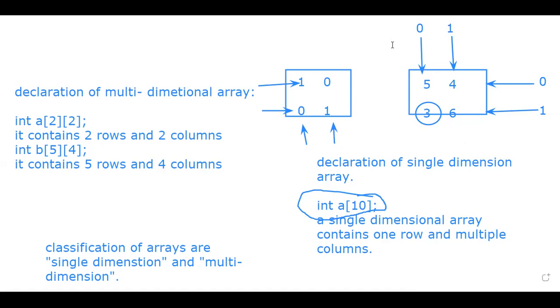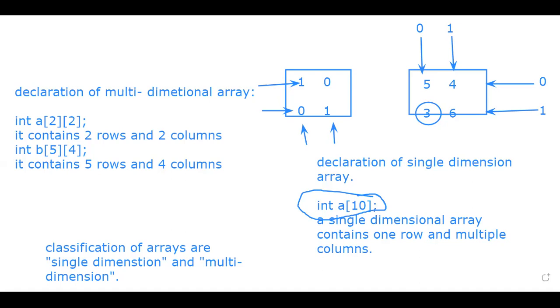This way you can represent the matrix elements. If the matrix is 3 by 3, we represent it with 3 rows and 3 columns. So arrays can be represented in 2 ways: single dimension, which has only 1 row, and multi-dimensional, which has multiple rows and multiple columns.